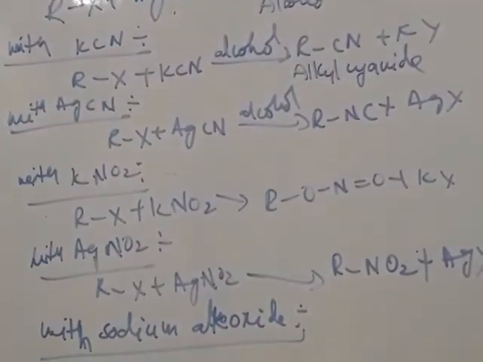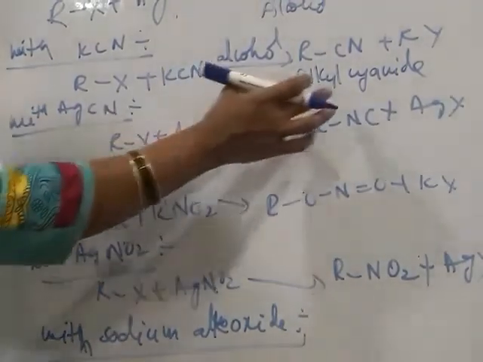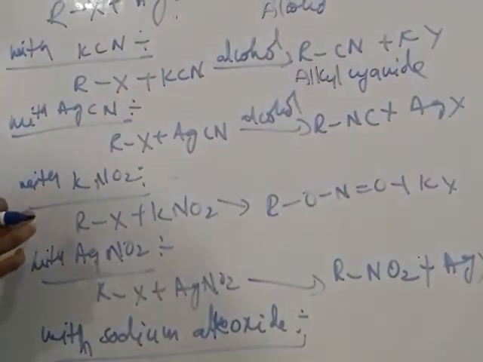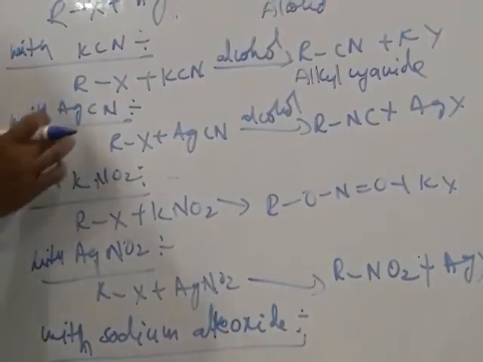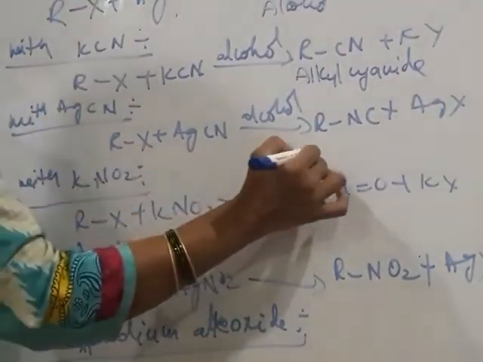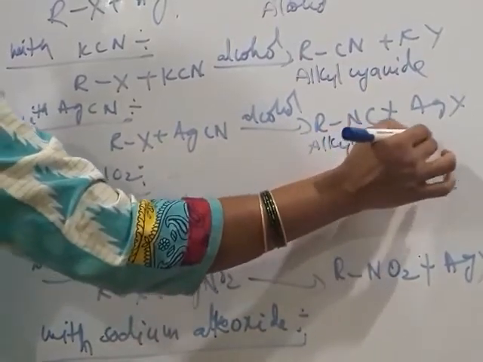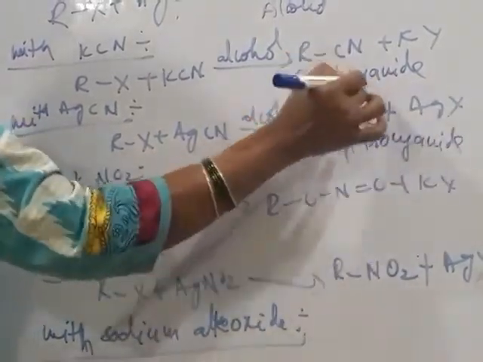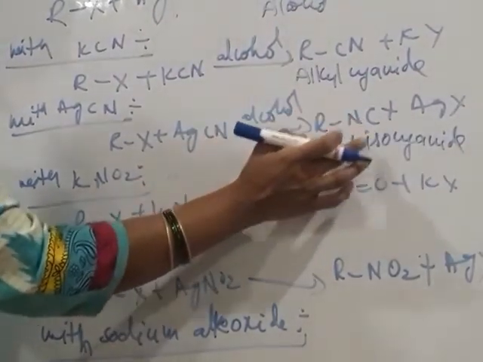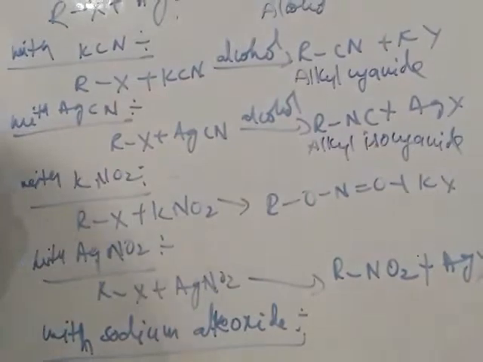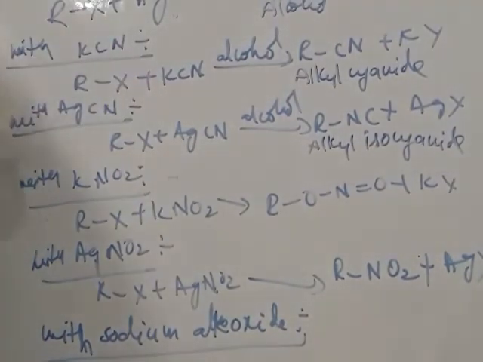If the same reaction is carried out with silver cyanide, instead of alkyl cyanide, we get alkyl isocyanide. NC indicates isocyanide. So that is with the potassium cyanide and silver cyanide.